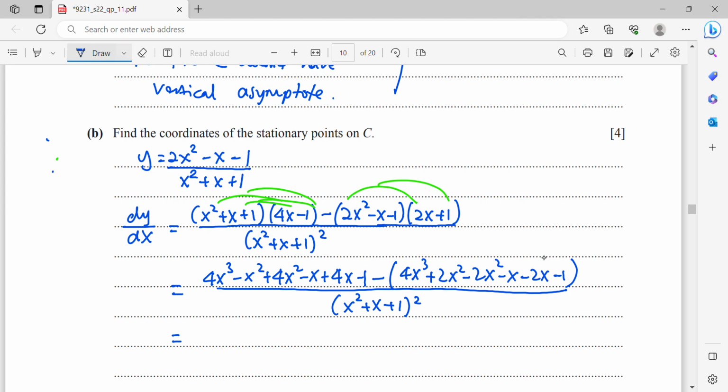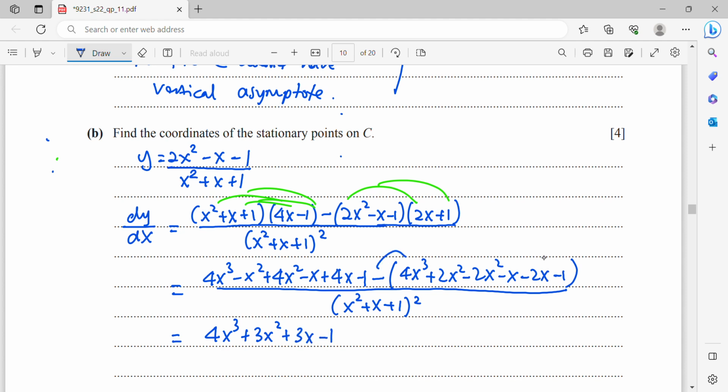Now simplify the terms. Minus x squared plus 4x squared will be plus 3x squared. Minus x plus 4x is plus 3x. Then minus 1.